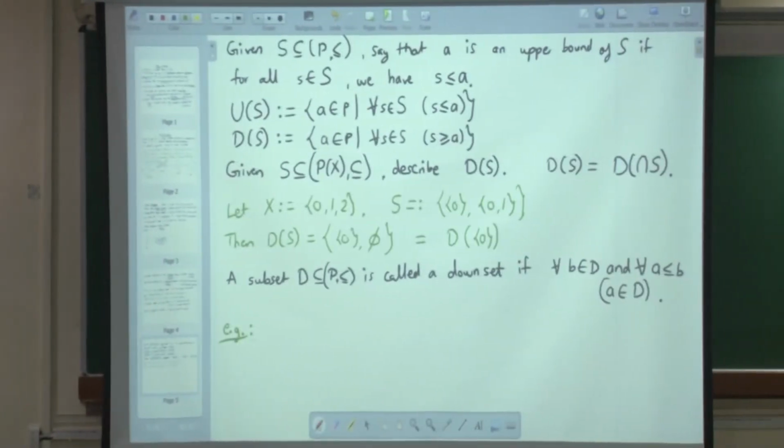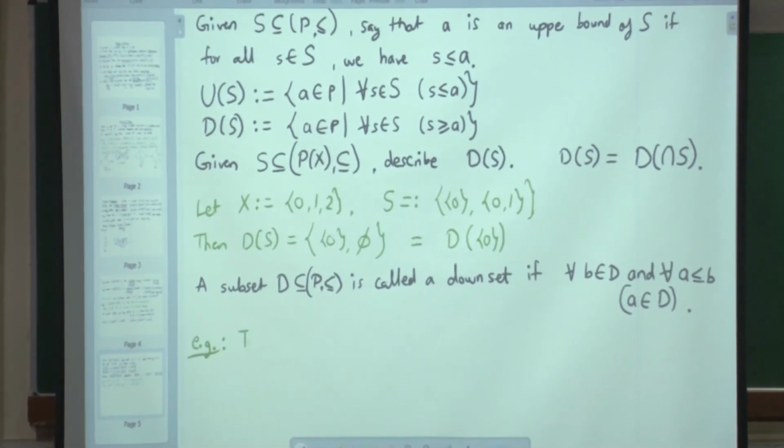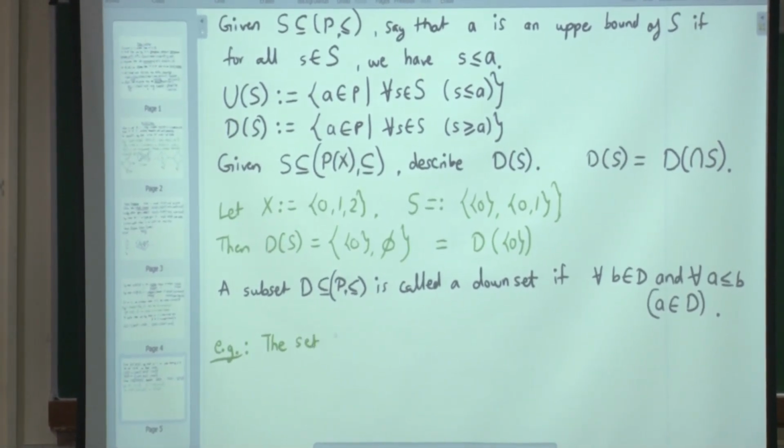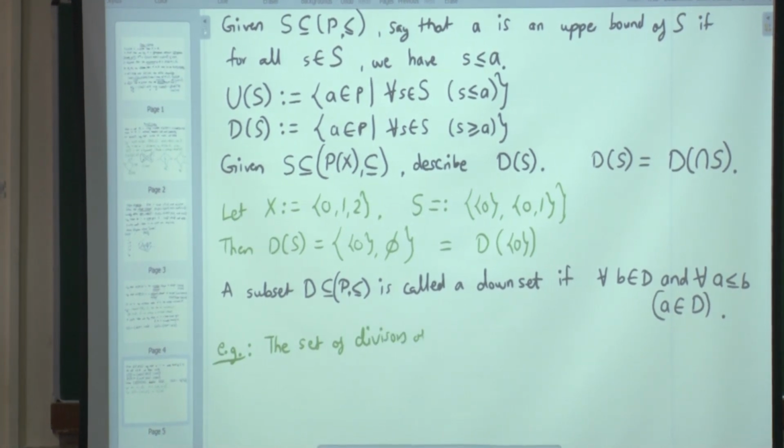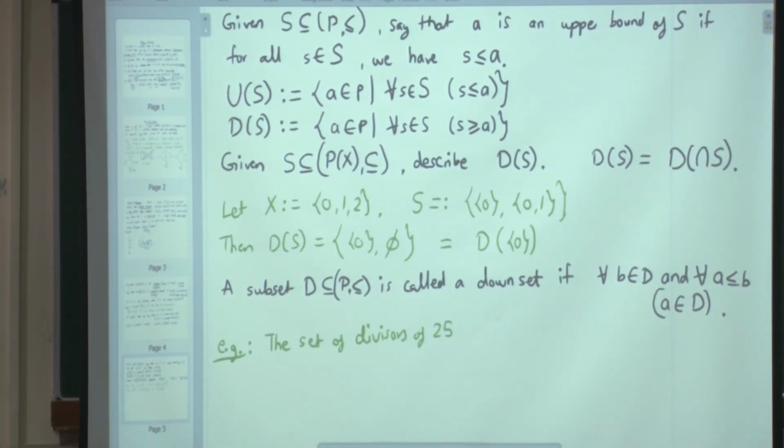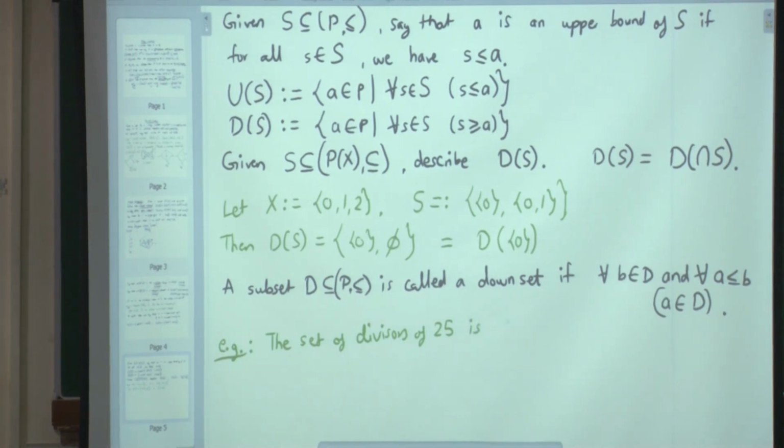For example, the set of divisors of 25 is a downset in (N, divides).